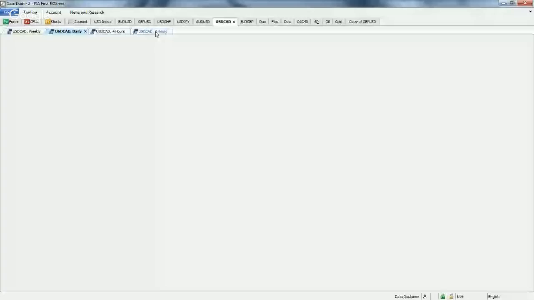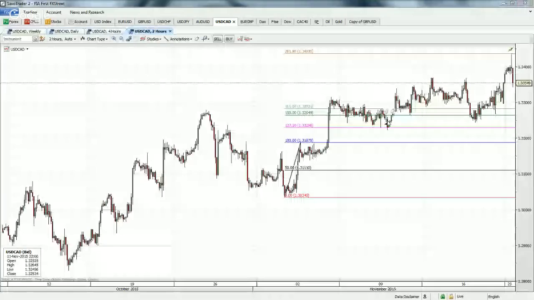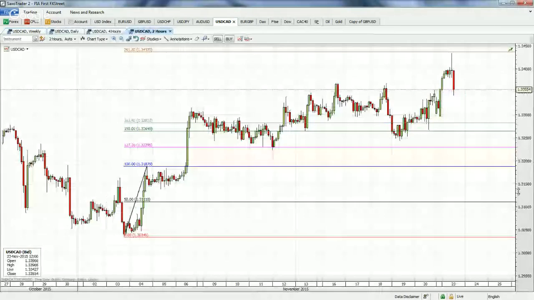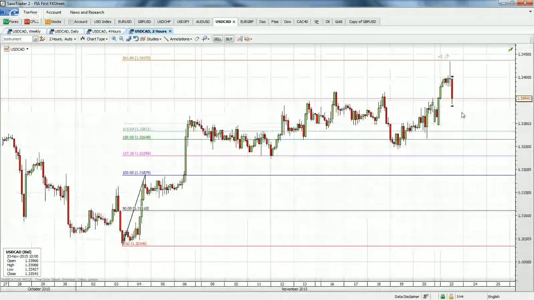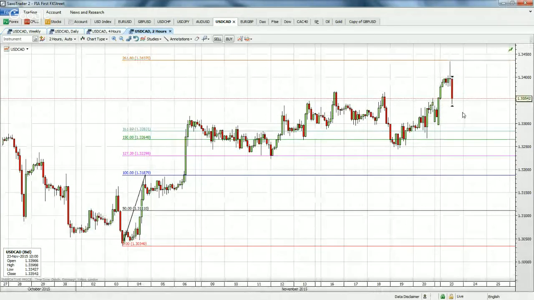I'm just going to flip on the 2-hour chart. Just intrigued by this move. So we've had the last move to the upside. It stopped just below the 261.8% extension level of 134.37, and now we've formed an evening star formation, and that's a pretty bearish signal.